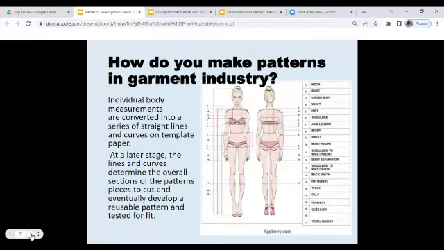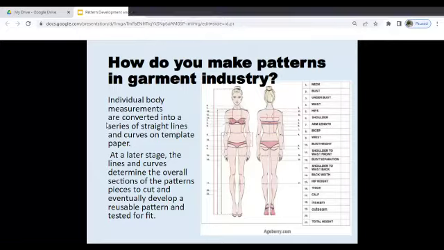If you were to explain to someone how to take body measurements, how would you do this? Any volunteer? Any volunteer would like to share?